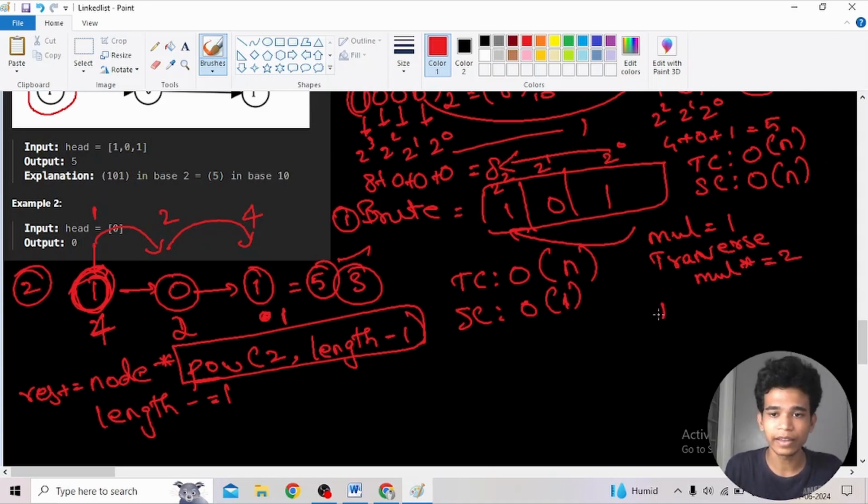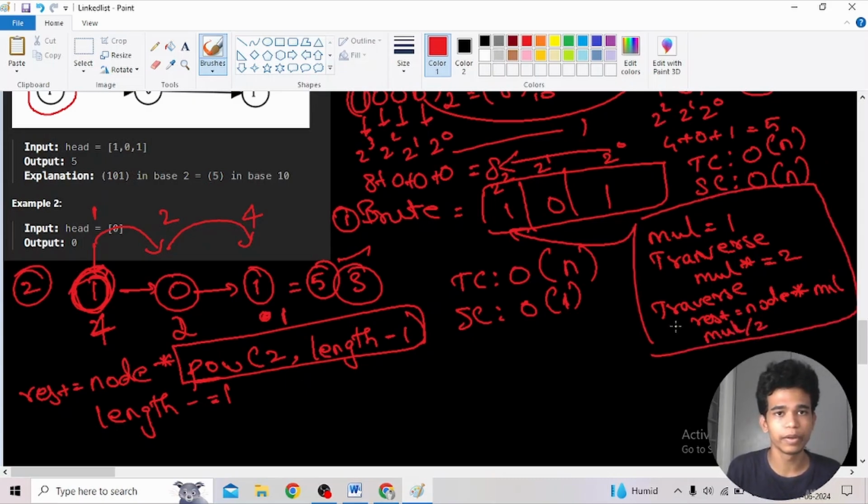And then again when you are traversing, take result plus is equal to node value into multiple. Okay, and then multiple divided by 2. That's it. So this will be my code.